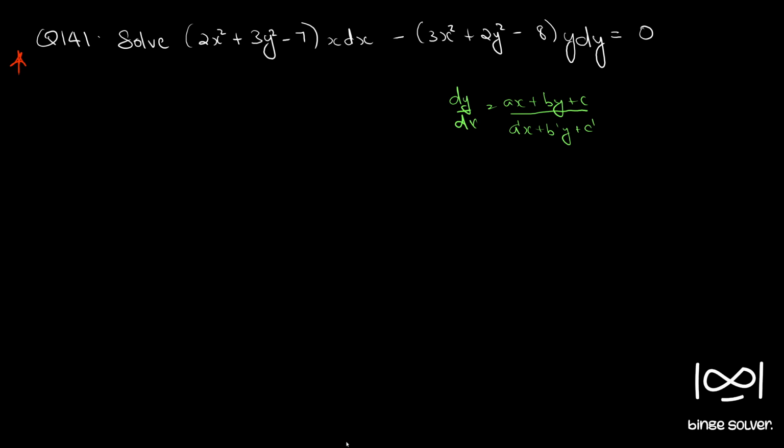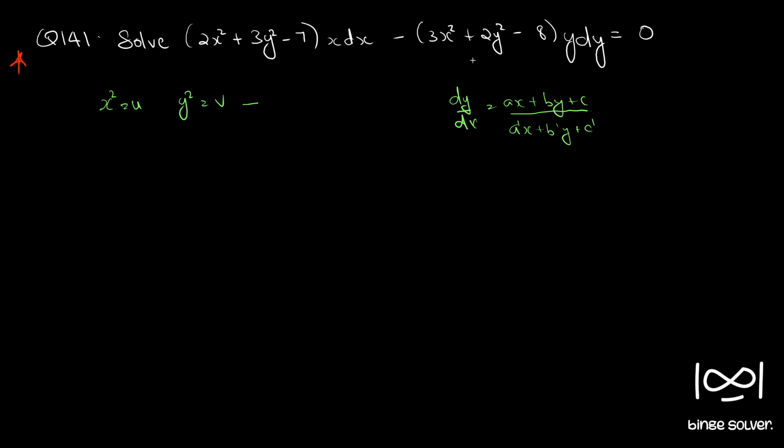In this question you have x dx and y dy here. That should give an idea of what kind of substitution we should use. Given we are not comfortable with the power 2, we can combine those and think about the substitution x² = u and y² = v.